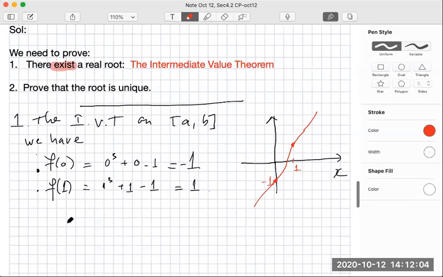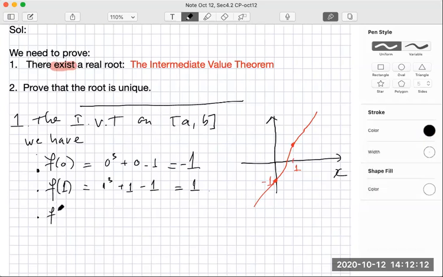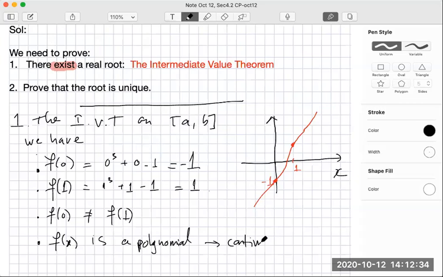And we see one more thing. We know the two values, right? Furthermore, f(0) is not equal to f(1). And f(x) is a polynomial. Therefore, it is continuous on its domain.